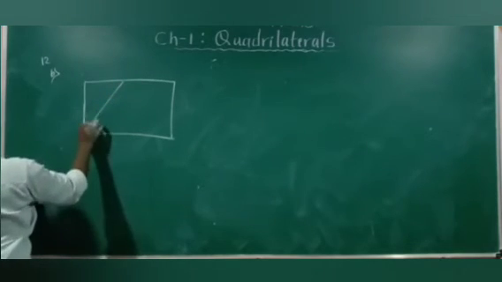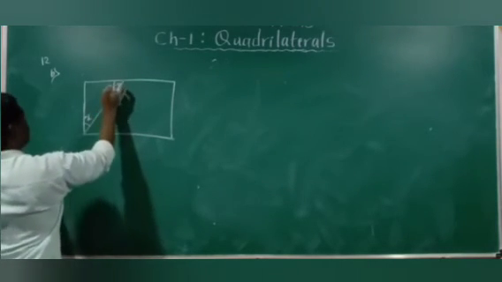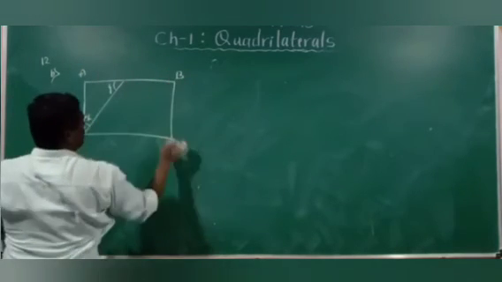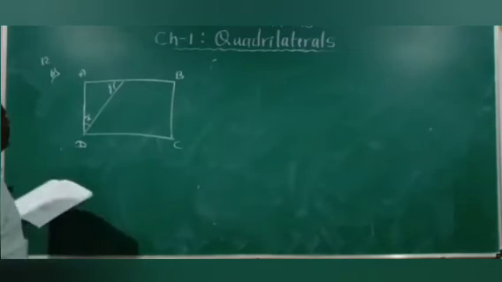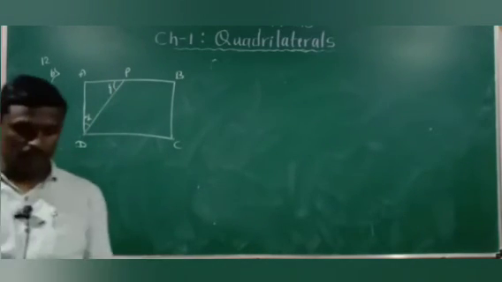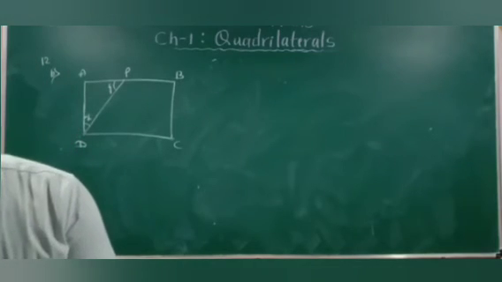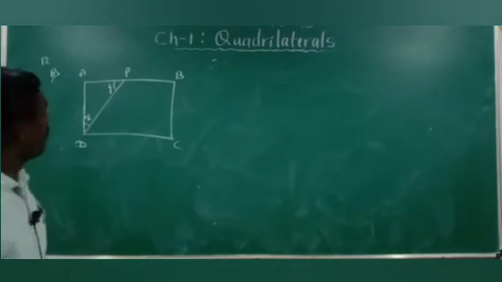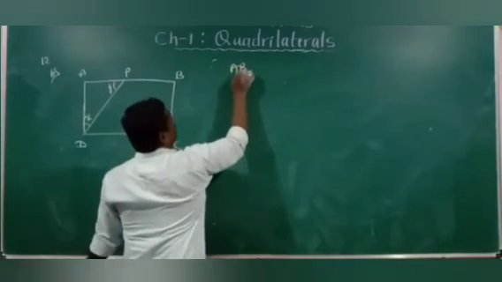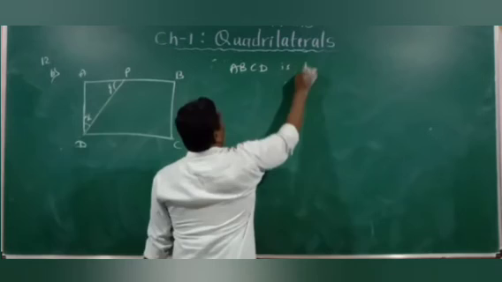This is x and this one is y. We take the vertices as ABCD and this point as P. ABCD is a rectangle.